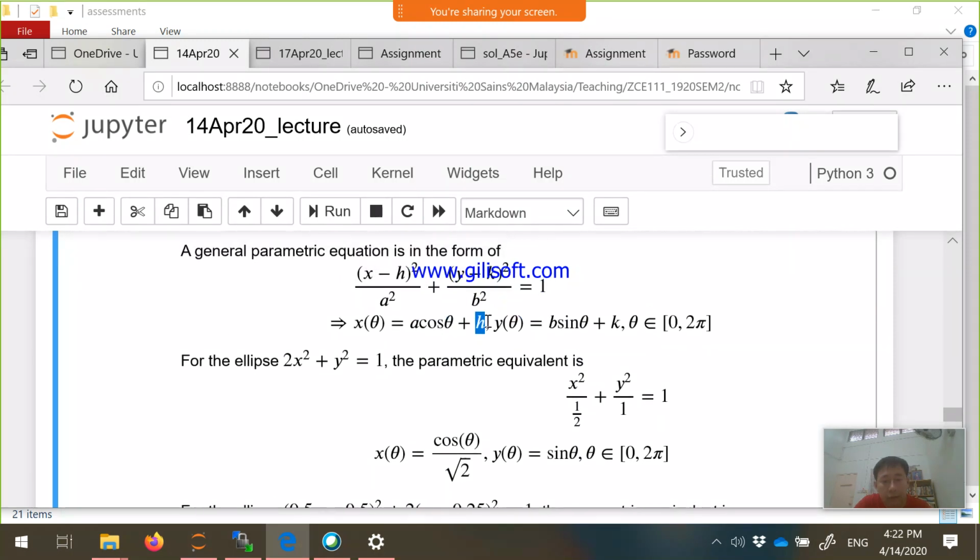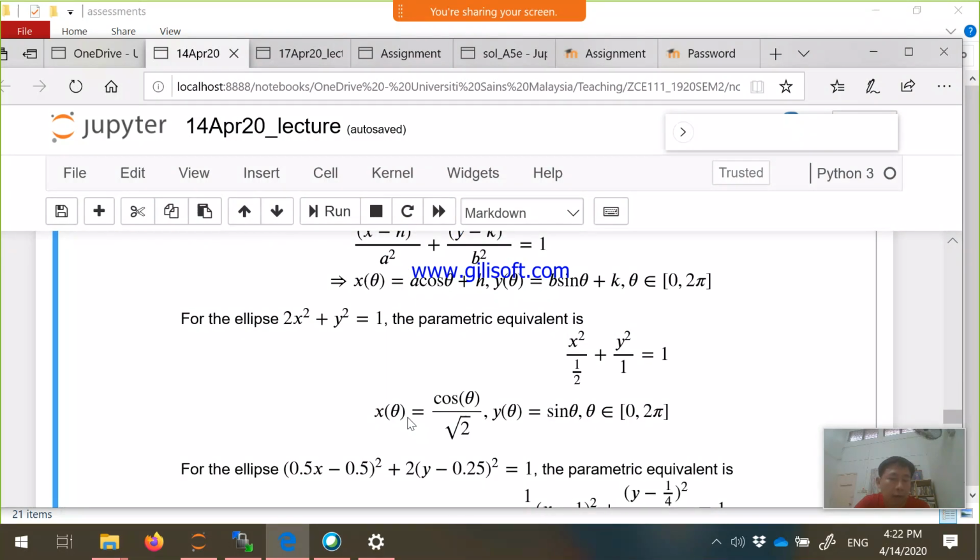Here we have already explained that the a is obtained from here, and then there is the b. So the set of parametric equations corresponding to this ellipse, according to the prescription I just explained, is given by y equals sin theta and x equals cos theta over 2.